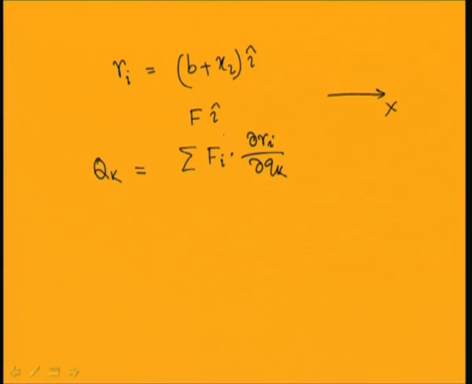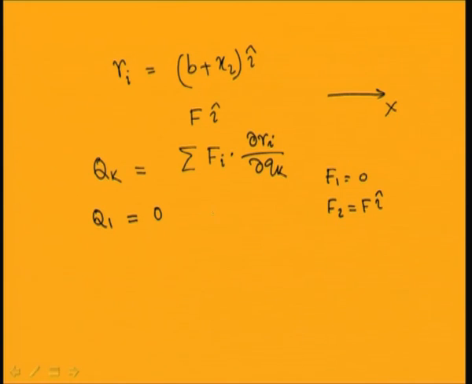So you have two cases, i equal to 1 and 2. In the first case F1 equals 0, there is no force acting at mass 1, and F2 equals F, the force acting on mass 2. So Q1 will be equal to 0.